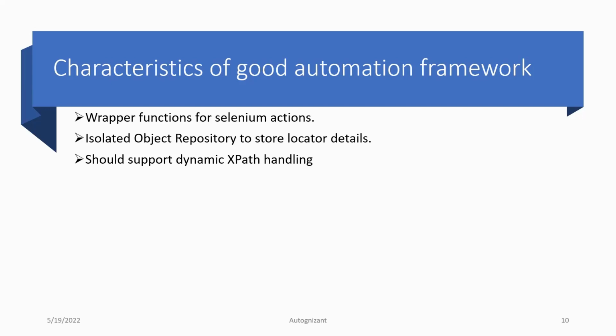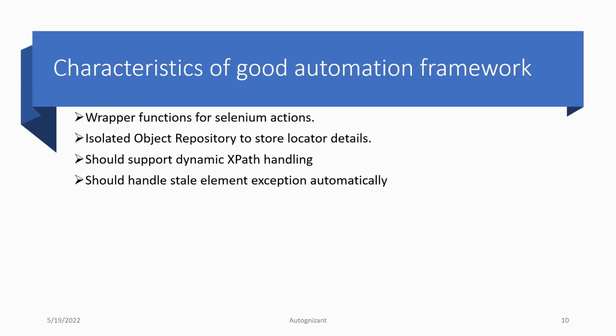Then we need to write dynamic XPaths, because in each automation execution the data gets changed, and we need to identify those elements dynamically with changing text. So there should be a mechanism provided in the automation framework to identify dynamic XPath.